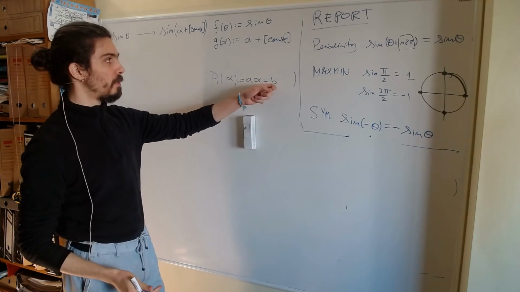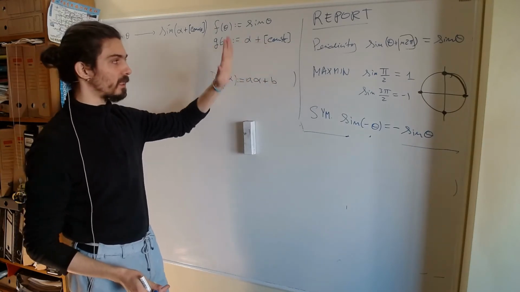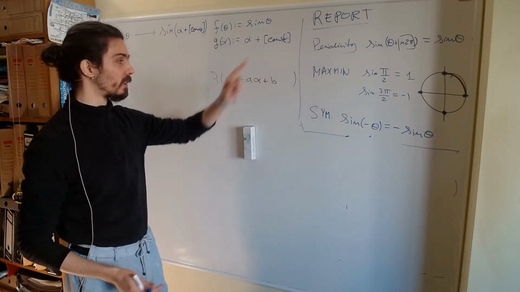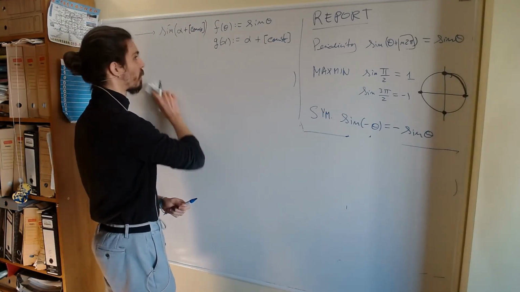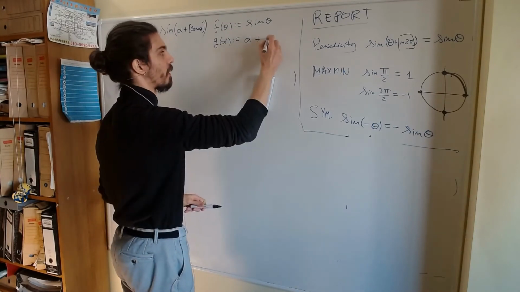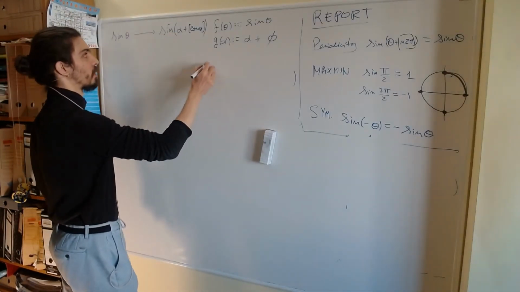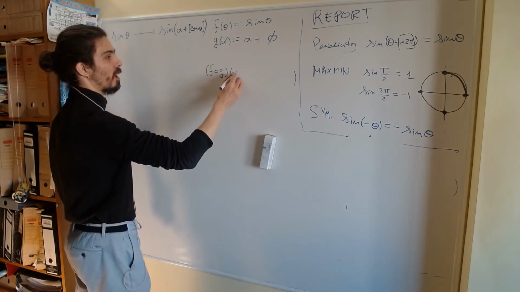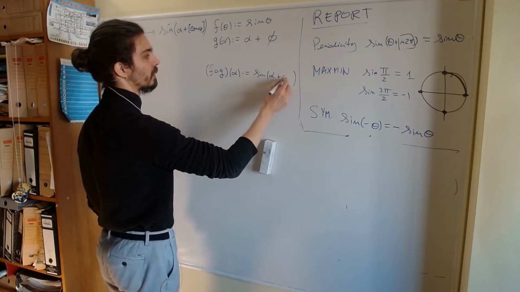In this case, b is a constant and a is 1. So this is a line. This represents a line with slope 1 and y-axis intersection at the constant, the number that you choose. I want to give a good name to our constant, so let's call it phi, the Greek letter phi. And let's make the composition to get this function. So the composition f of g of alpha must be sine of alpha plus phi.